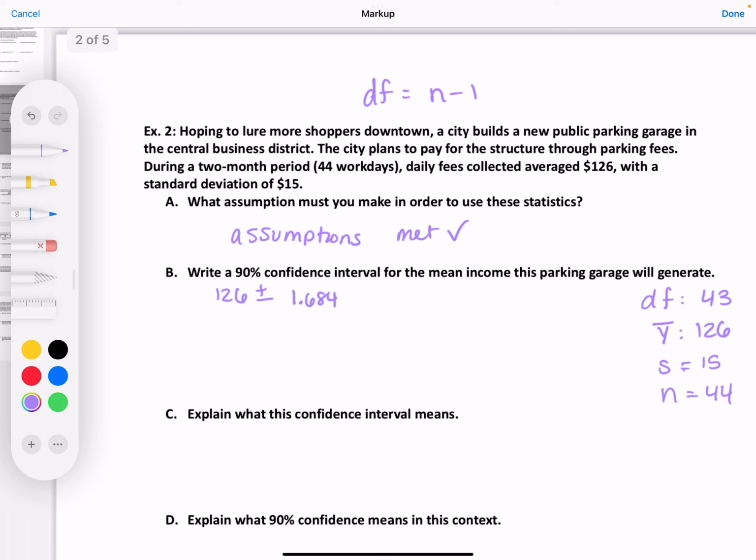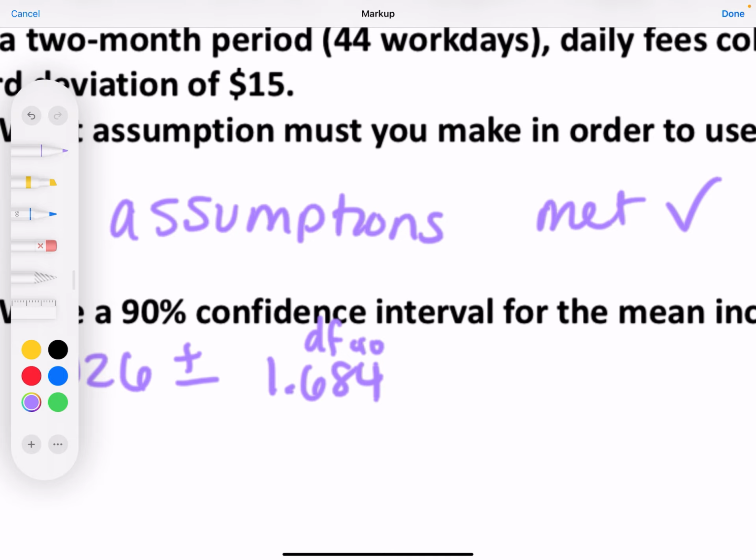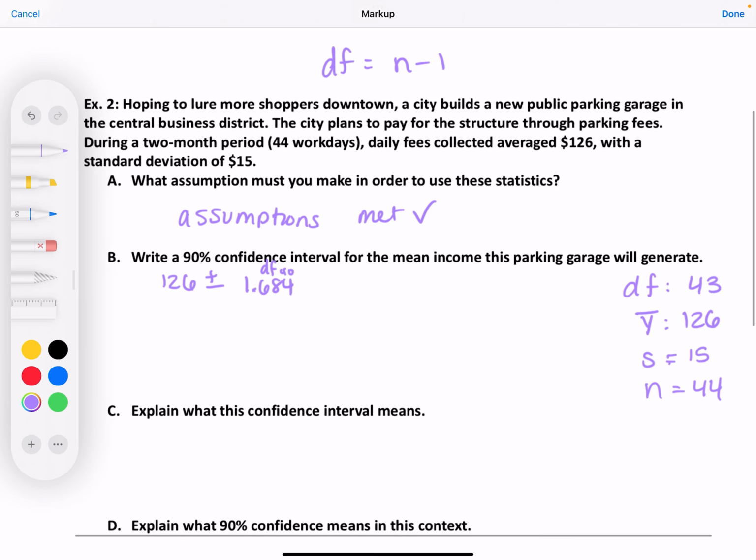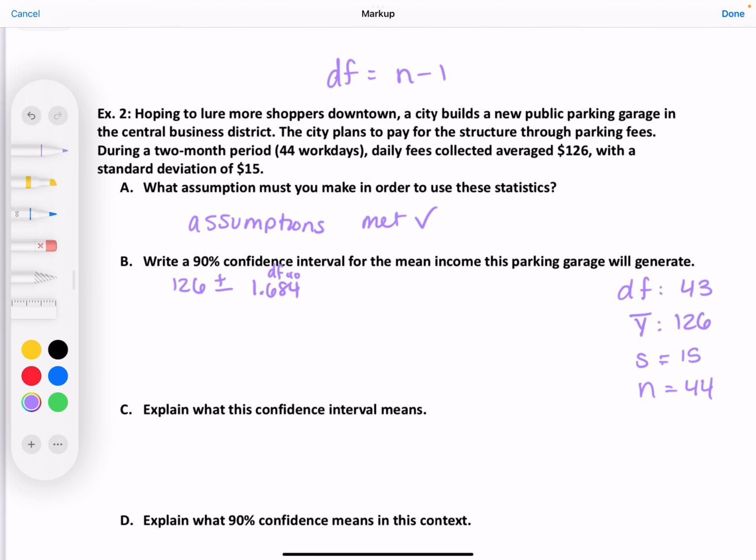I would note here that it's the degrees of freedom for 40, just so that if you go back to study later, you know what it came from. Times s over the square root of n. So s is 15 over the square root of 44. You could work it out by hand, and you're still getting an interval. It would give you 122.2 and 129.8.